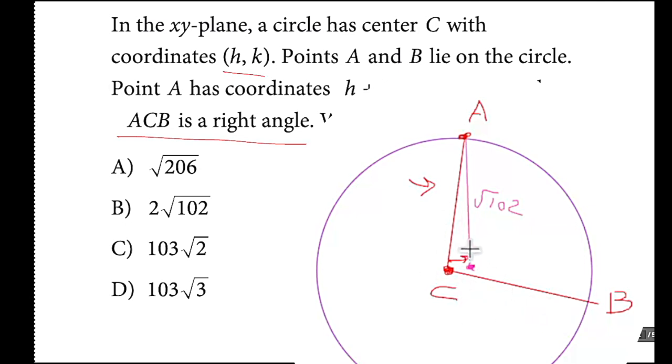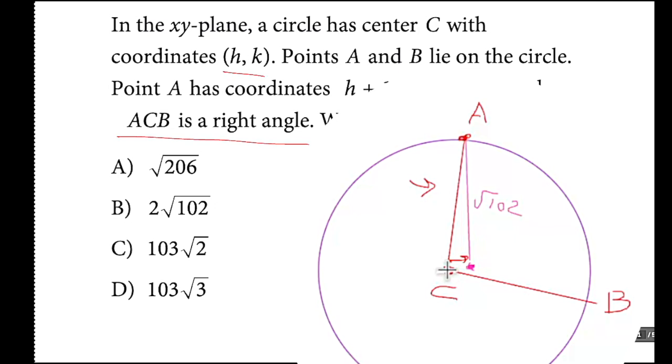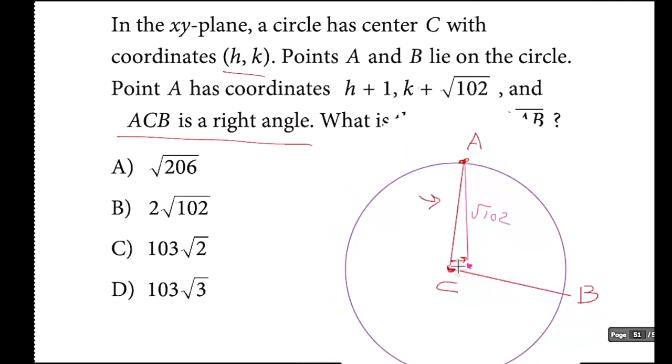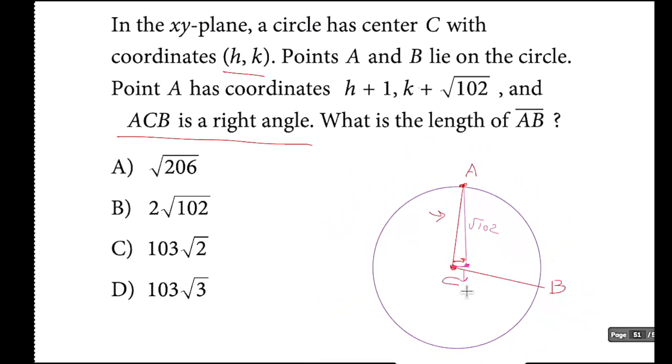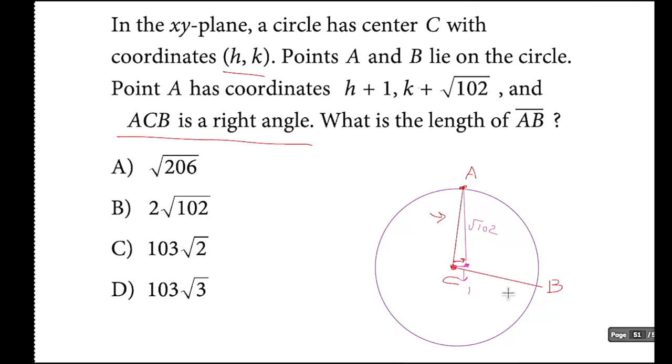So how the heck do I find what AC is? Well, that's going to be pretty easy because we already know that one side is the square root of 102. I forgot to label it, but when I made that little arrow, I was saying that's 1 over, right? So the length of this one is 1, and then we can just use the Pythagorean theorem. A squared plus B squared equals C squared. In this case, our hypotenuse is going to be the longest one.